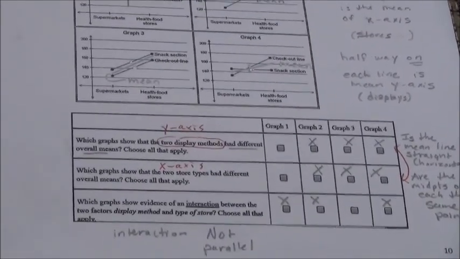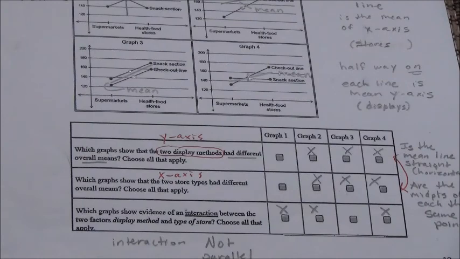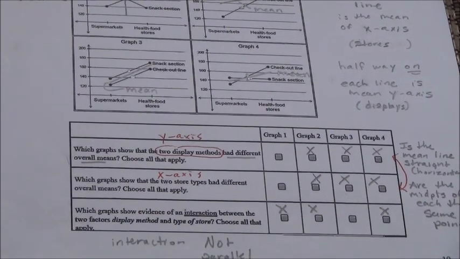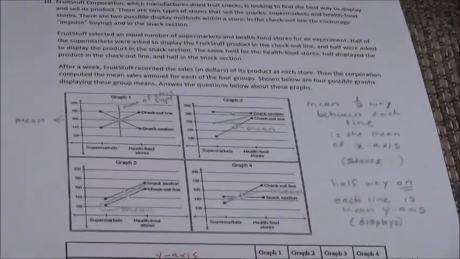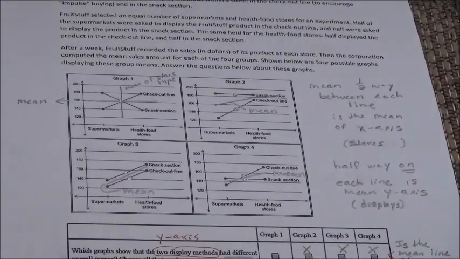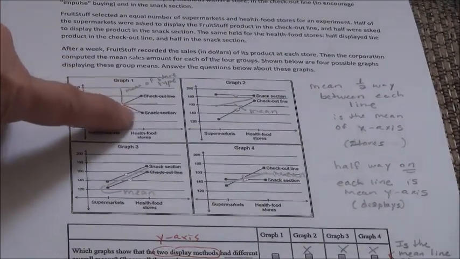So the first question says, which graphs show that the two display methods had different overall means? Choose all that apply. So you have to watch to see, is the information that they're asking for along the x-axis or along the y-axis. In this case, the two display methods, if I slide up to my pictures, were the checkout line and the snack section.